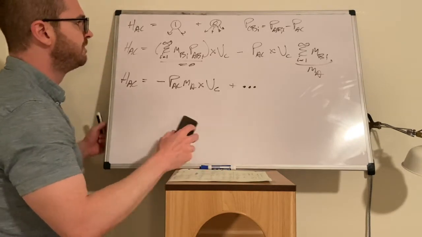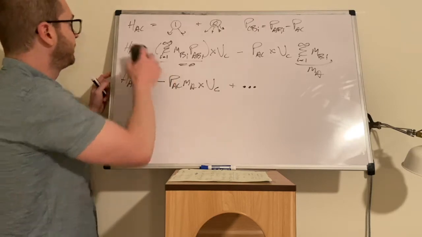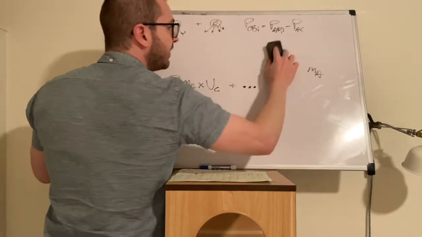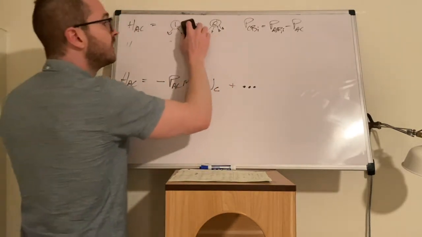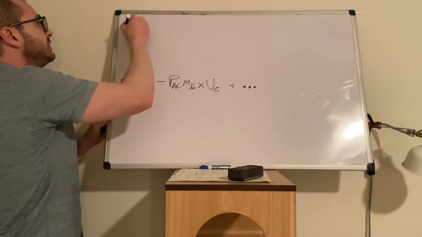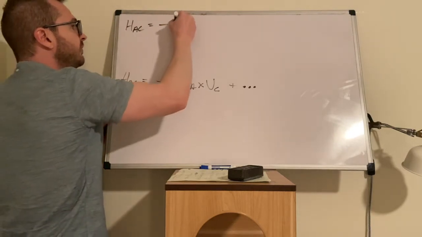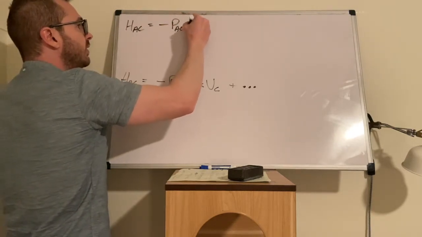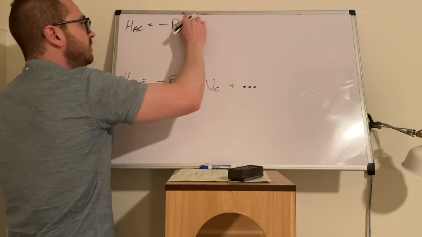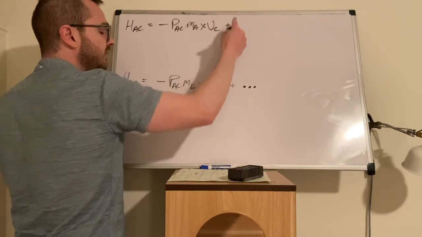So I'm actually going to clean this up, take this expression and move it to the top, and then we'll show those other 4 terms coming out of expression number 2. So HAC is equal to, I'm just going to bring this up, minus PAC cross MA cross VC plus.